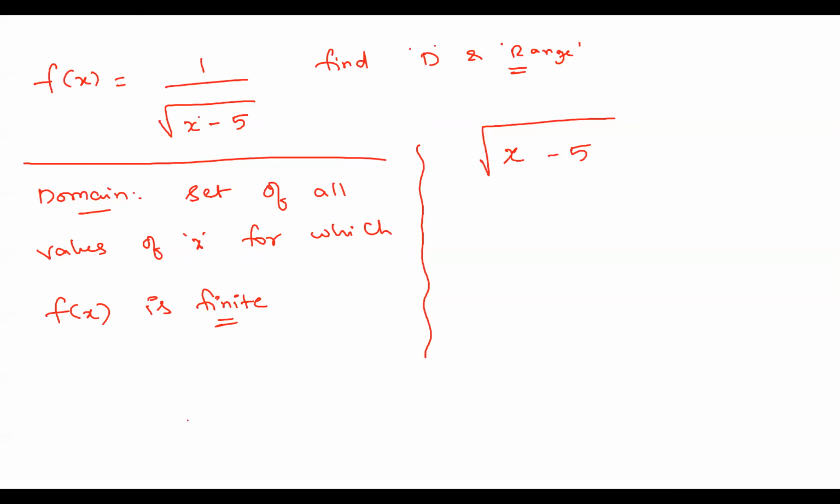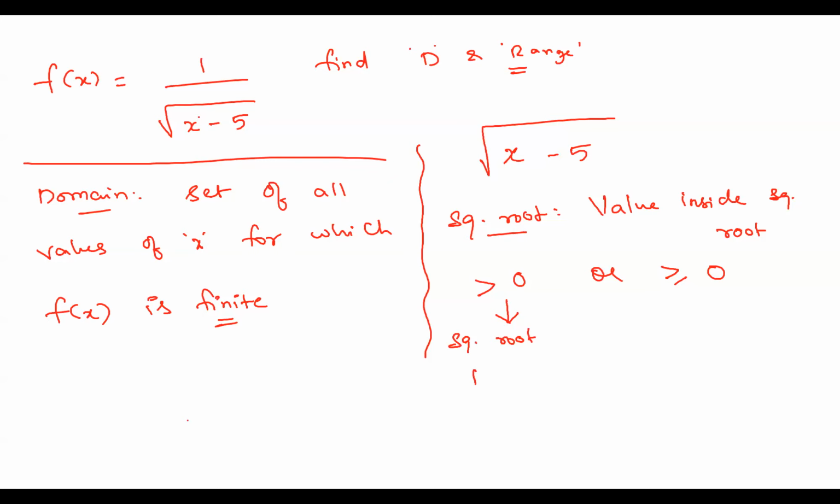Whenever you have a problem based on square root, you should write that the value inside the square root is greater than 0 or greater than or equal to 0. Why did I put an or? Because you write greater than 0 if the square root is in the denominator, and greater than or equal to 0 if the square root is in the numerator.